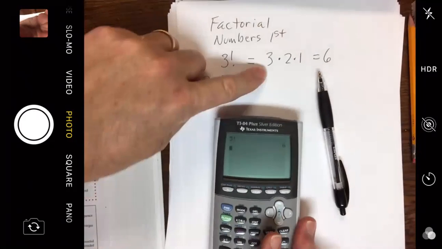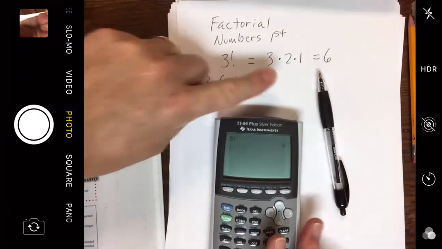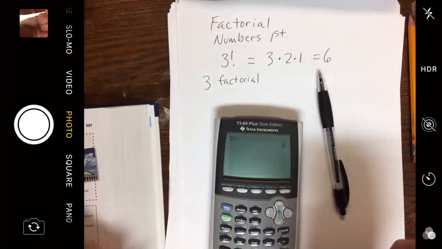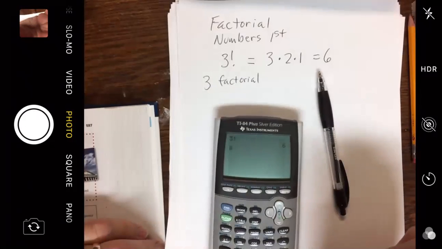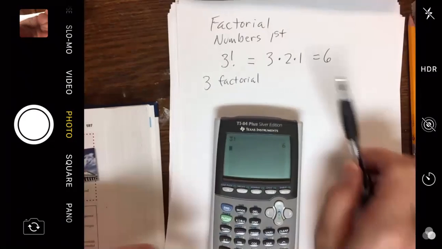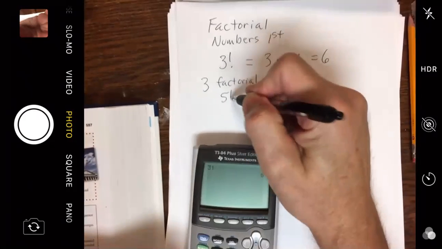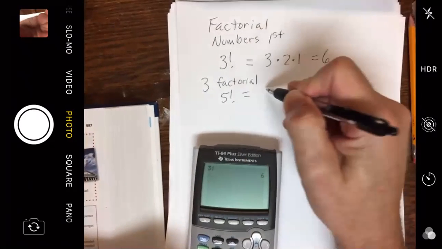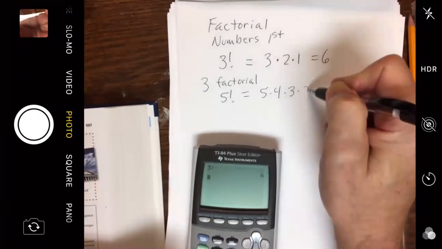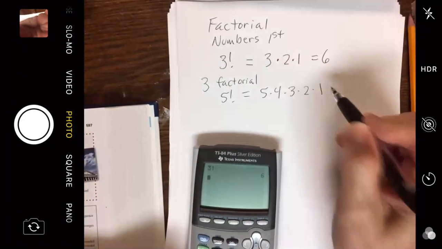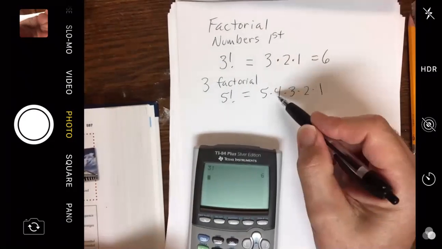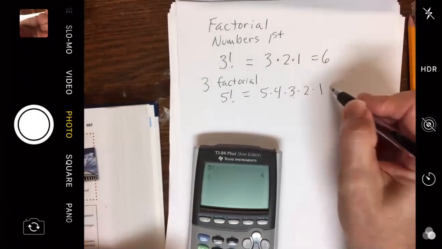This pattern is programmed into the calculator under that exclamation point. So if I wanted 5 factorial, just to do another number, 5 times 4 times 3 times 2 times 1. You can probably still do that in your head. 20, 60 times 2, 120, I believe.